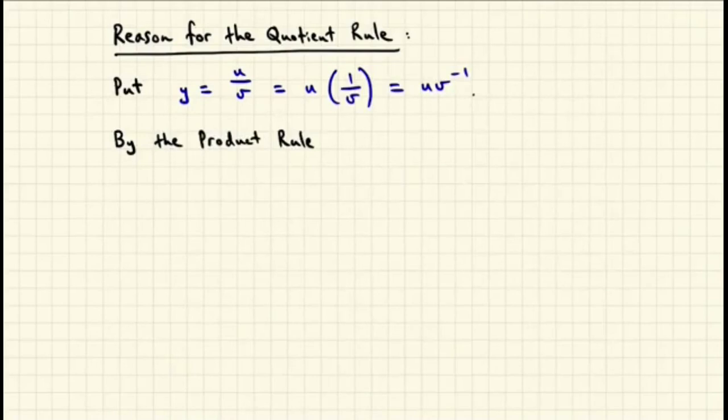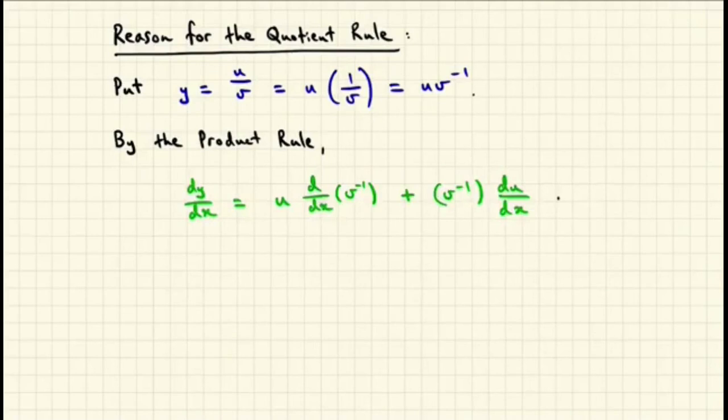So that dy dx equals the first factor, u, times the derivative of the second factor, plus the second factor, v to the minus 1, times the derivative of the first factor.